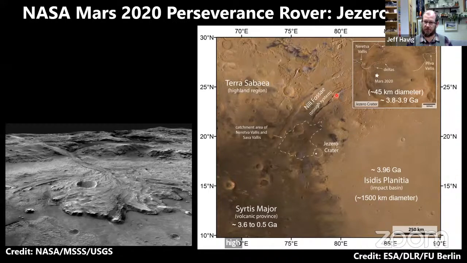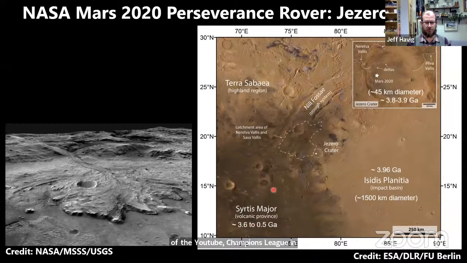And so this rim, and these are fractures from the rim of the Isidis impactor, we fall right into this. So there's potential for old hydrothermal deposits from that impactor. And also we have Syrtis Major, which is a large volcanic province that is primarily active about 3.5 to 3.3 billion years ago.